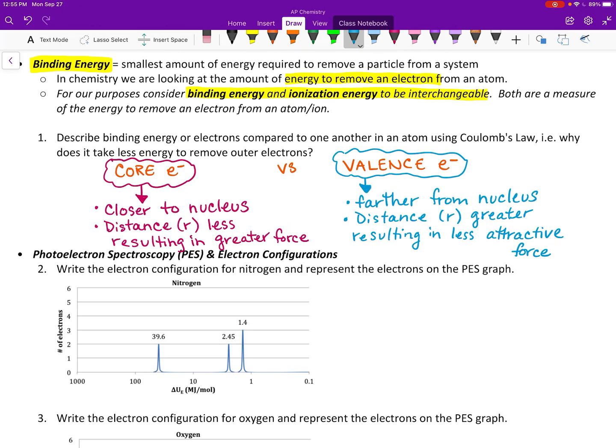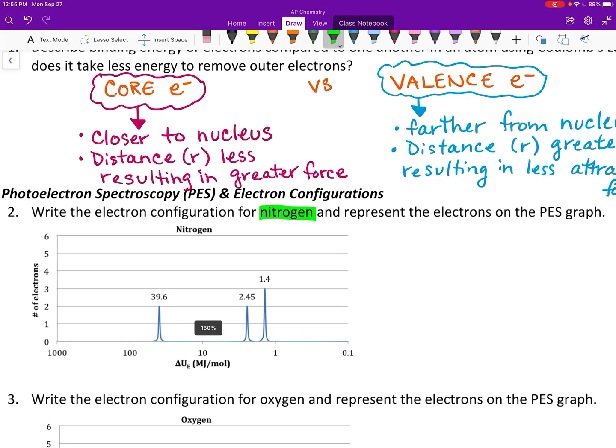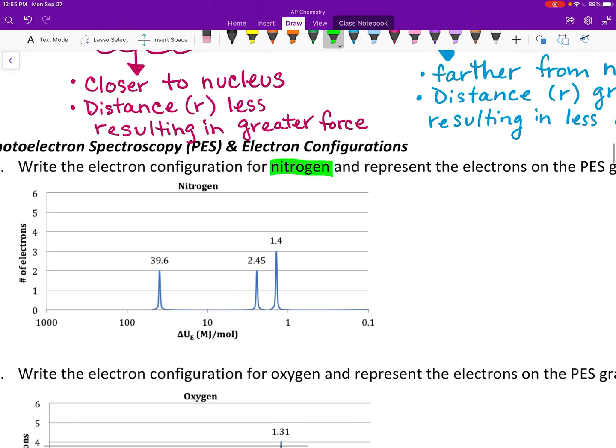So let's take a look at a PES graph here. This first one is for nitrogen. We need to understand a couple of things. Remember, we can talk about the axes as being binding energy or ionization energy.